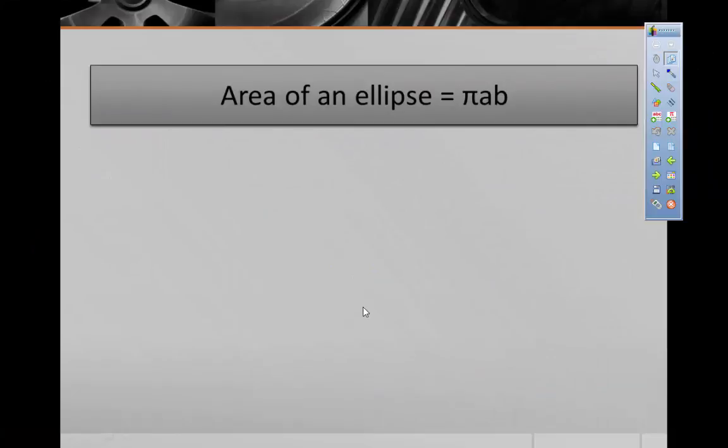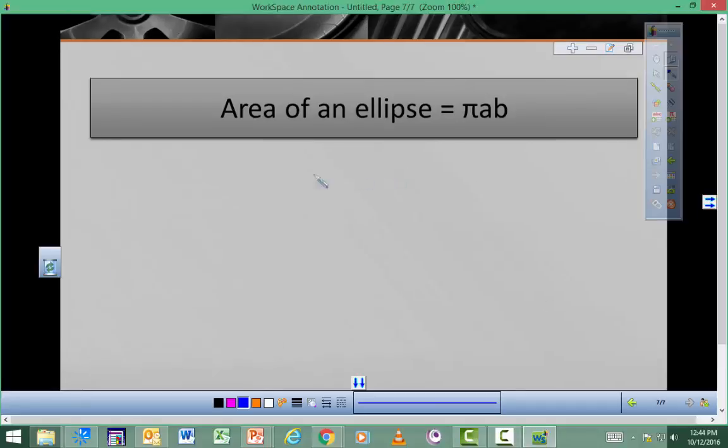Now you may not have known this, but the area of an ellipse is pi a b. This is kind of cool. You all know that the area of a circle is equal to what? Pi r squared, right? Now let me show you something. The area of an ellipse is kind of neat to know because airplane wings are often elliptical.